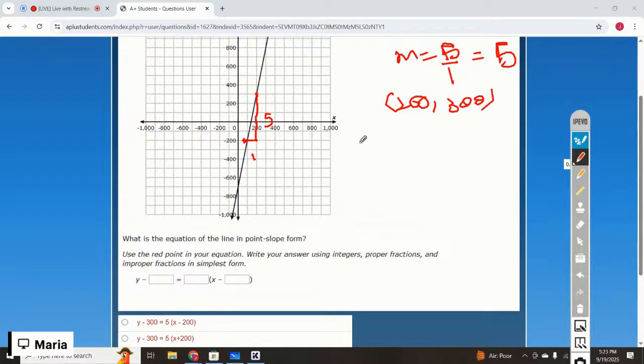So the equation is y minus y1, y minus 300 equals m times x minus 200. Option number 1 is the correct option.